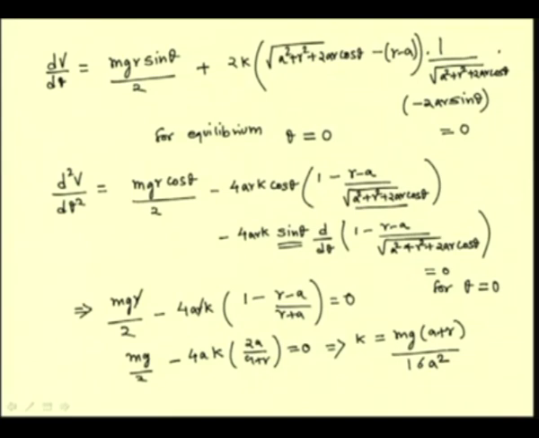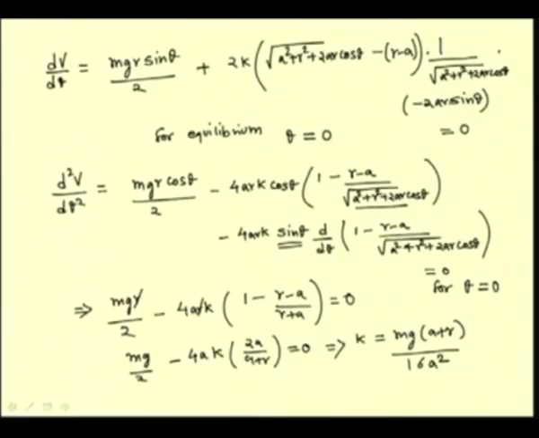That means the spring constant of each of these springs has to be equal to the mass of the door times g times (a plus r), the various dimensions associated with the garage door, divided by 16 a square.